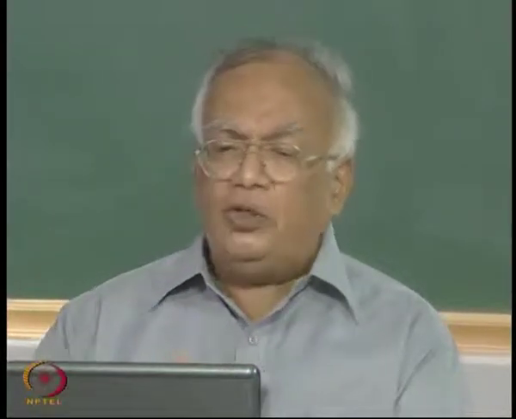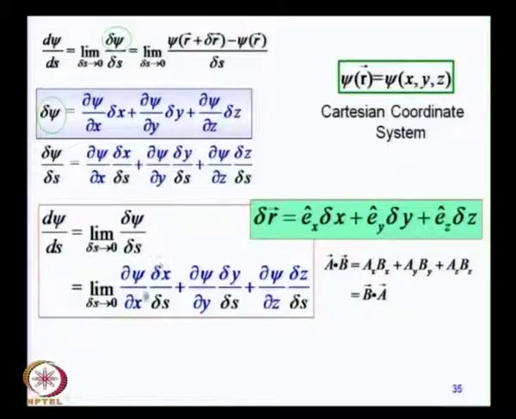Now, it is not at all difficult to interpret this delta x by delta s as a component of a vector, because the components delta x, delta y and delta z in the numerator are just components of the displacement vector. So, if you divide the displacement vector by delta s, you get this component over here, right. So, it comes straight from the expression for the displacement vector, and you can write the displacement vector delta r in Cartesian coordinate system as we have done, but you can do so in any coordinate system.